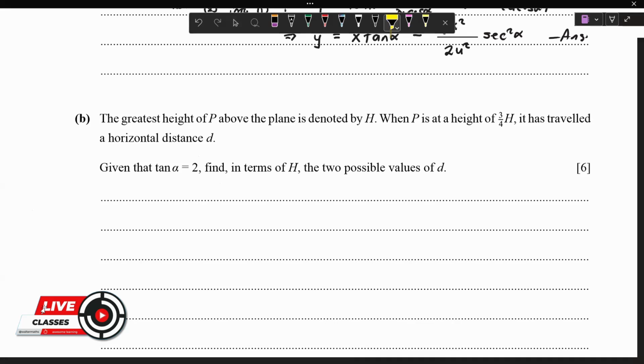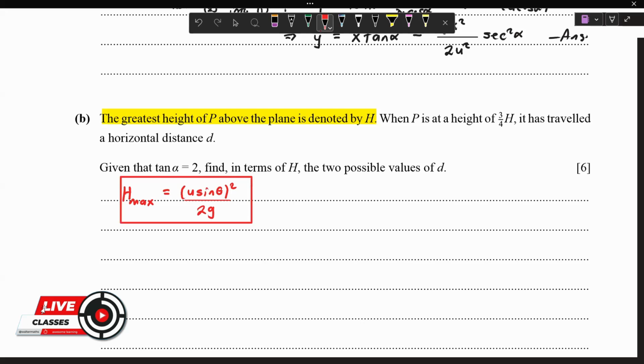The first one is the fact that the greatest height above the plane is denoted by h. Now, we know that the greatest height can be found by the formula u sine theta squared over 2g. So this is a formula which you always need to know for maximum height.